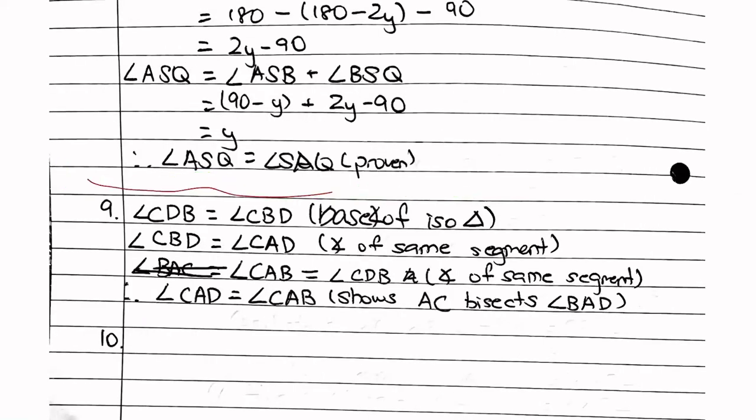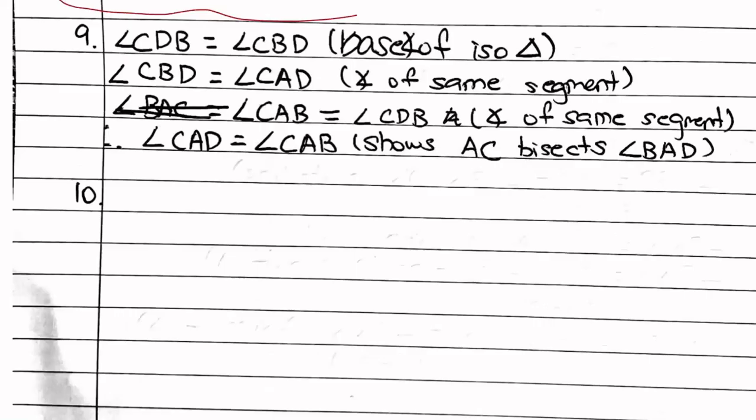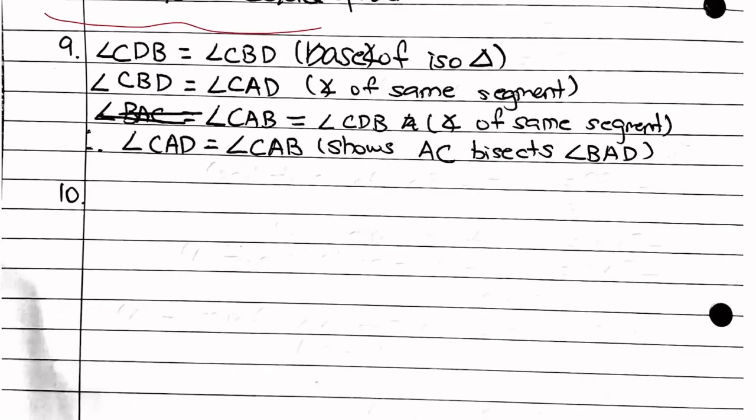Okay, question 9. Don't waste your time. Let's take a look. In the figure, A, B, C, and D are points on the circle. Given that CD equals CB, prove that AC bisects angle BAD. Okay, bisect, do you know what it means? Split.